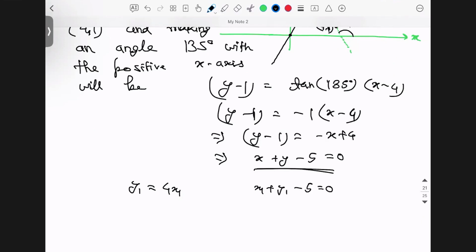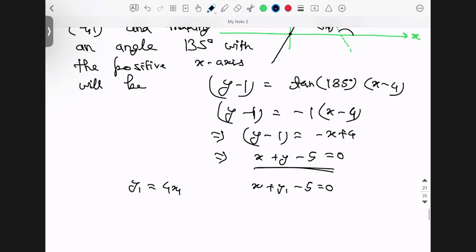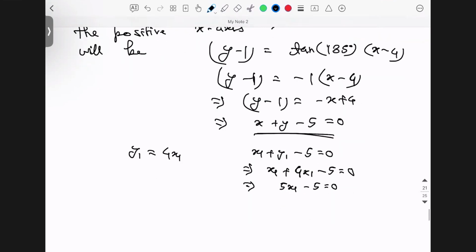If I put the value of y1 into this equation, we get x1 plus 4x1 minus 5 equals 0, which gives 5x1 minus 5 equals 0. This ultimately gives x1 equals 1.